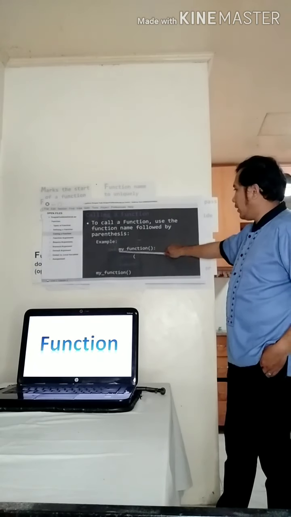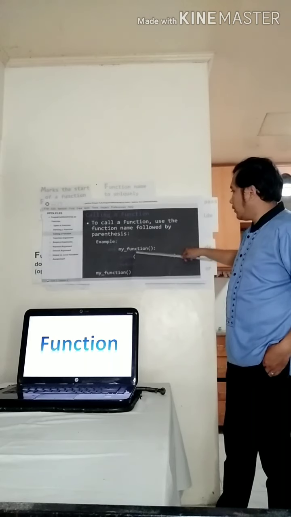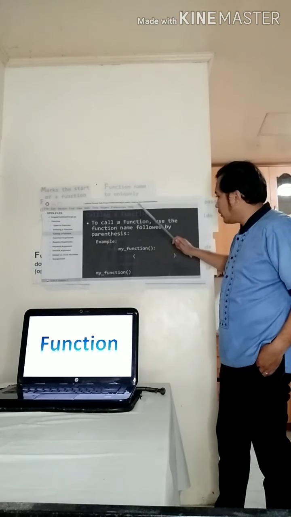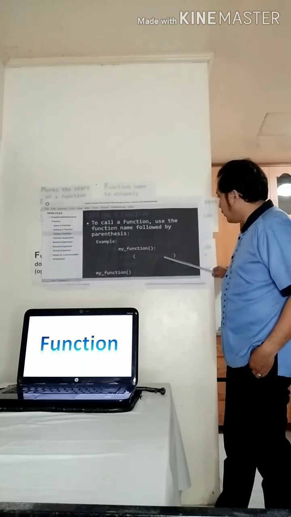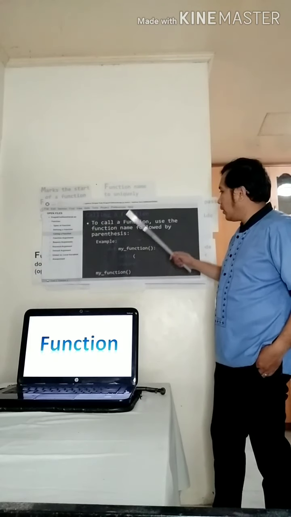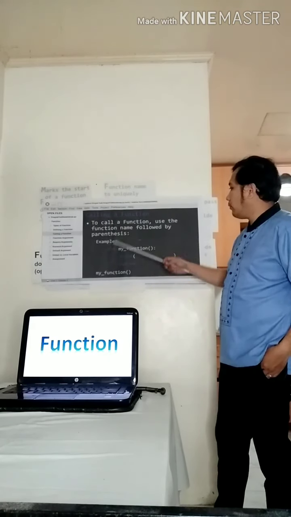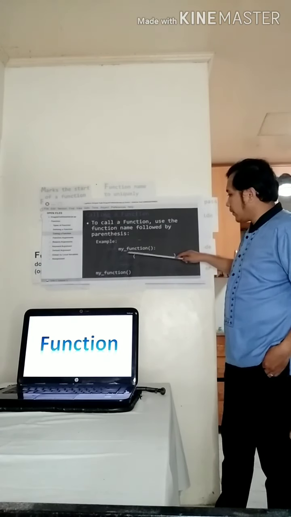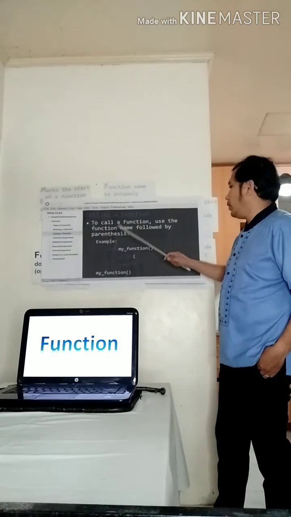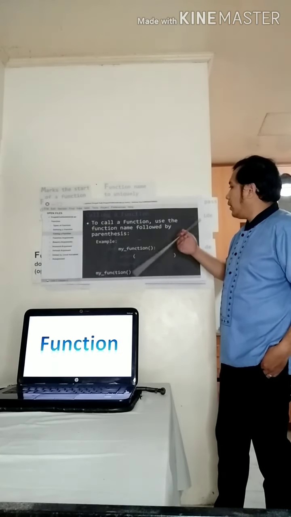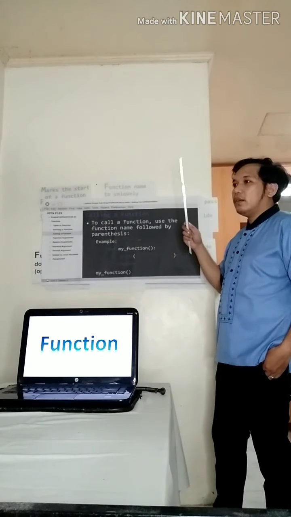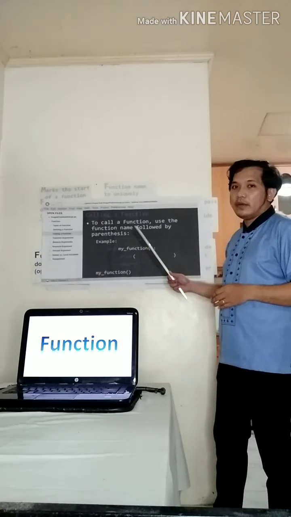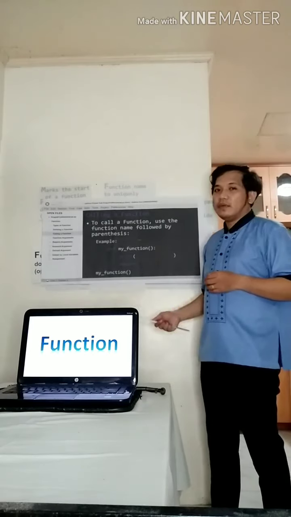We define it, and our function name is my_function, open close parentheses, and our code will print hello world. We will call our function by typing in the name of our function followed by the open close parentheses. So when we run this, the screen will output hello world. That's how we call or execute our function.